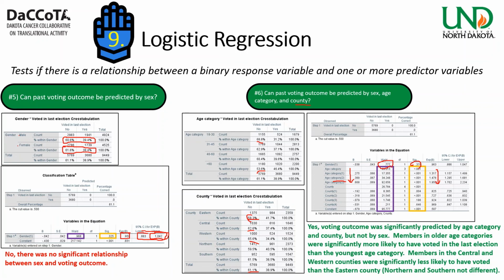Northern and southern are not different. And we can pick that out by referencing eastern. Because these don't have the specific county names, you have to connect the dots here. Anyways, there we go.